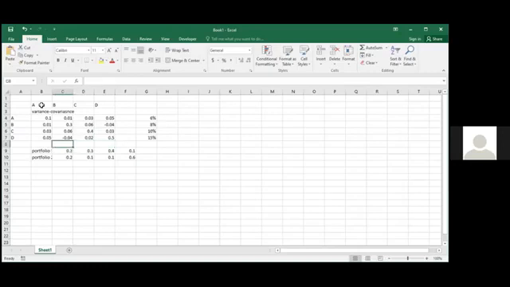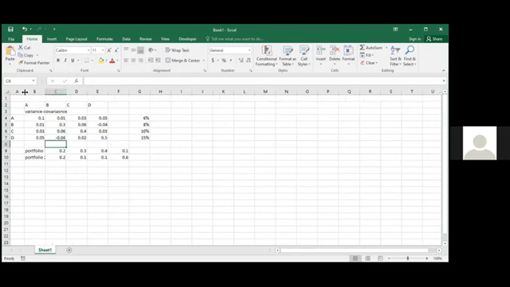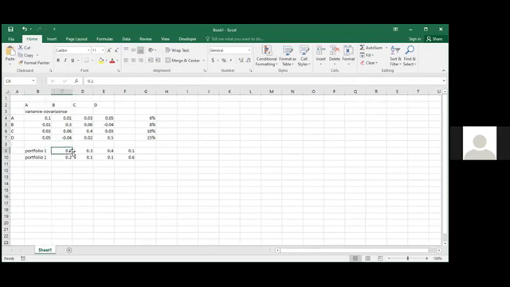So here asset A, asset B, asset C, asset D. These are the proportions of investment in each asset.